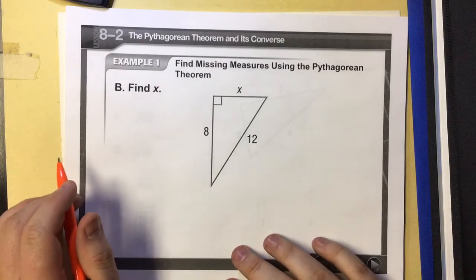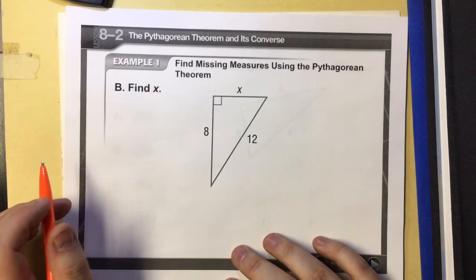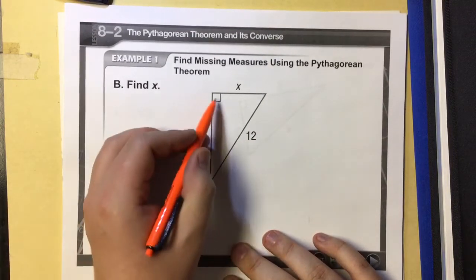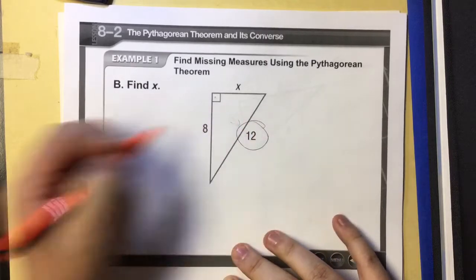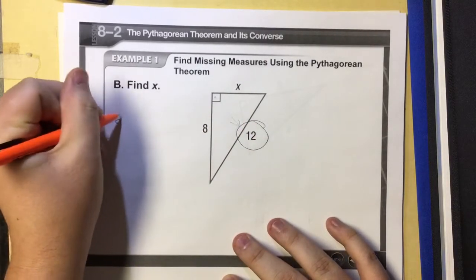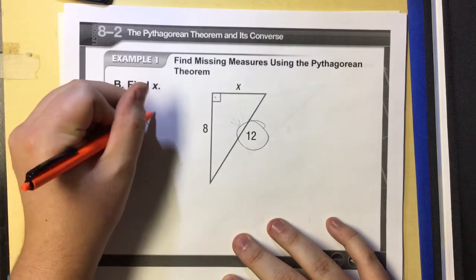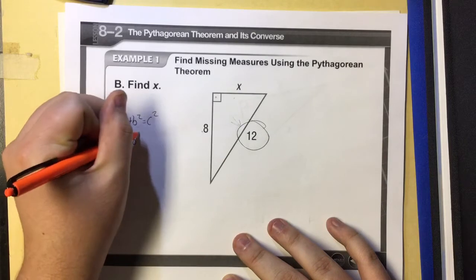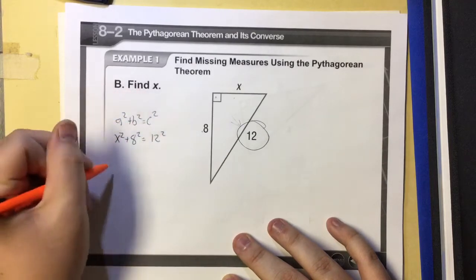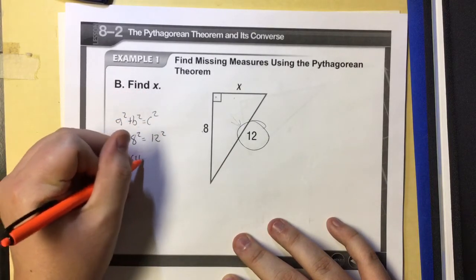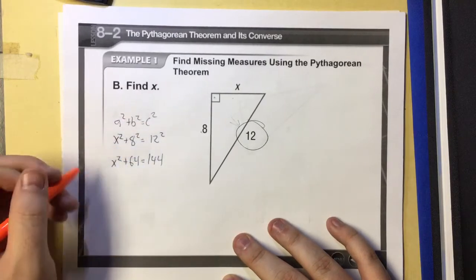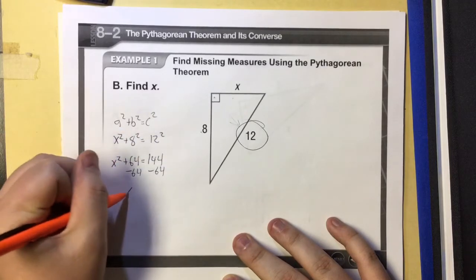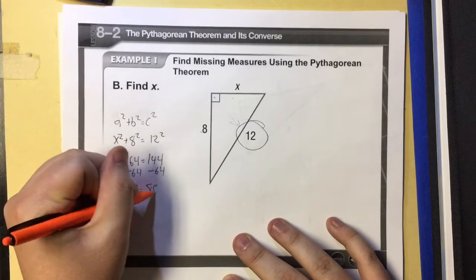All right, here's another example. For this one, we again have to figure out which side is our C, the hypotenuse. Here's our right angle, so opposite of it, 12, is our hypotenuse. So our a squared plus b squared equals c squared. X and 8 have to be a and b. So x squared plus 8 squared equals 12 squared. X squared plus 64 equals 144. Subtract 64 from both sides, and we have x squared equals 80.